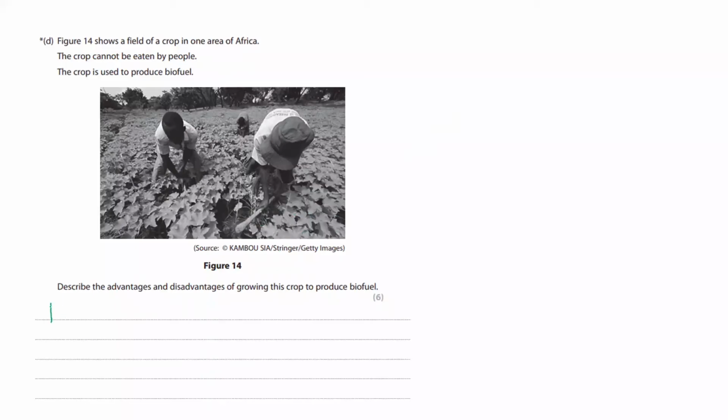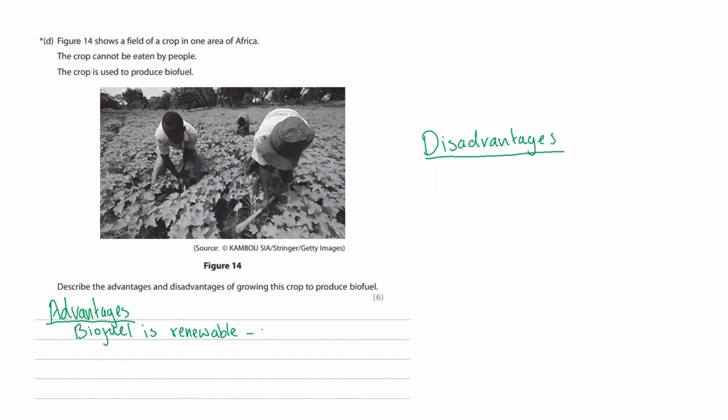Right, okay, so let's have a little list here. Advantages. Put disadvantages down here, give it all room. So advantages. So yeah, biofuel is renewable. Okay, so it provides energy for the community.